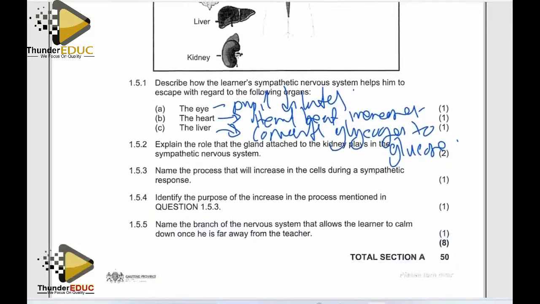Explain the role of the gland attached to the kidney in the sympathetic nervous system. This is the gland which produces adrenaline. What's the function of adrenaline? Basically, it works together with the sympathetic nervous system, and it prepares the body for an emergency.